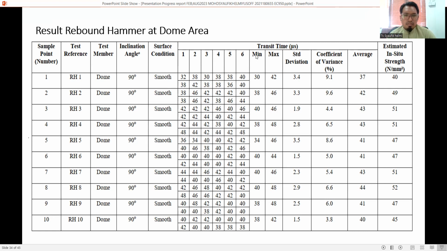After that we get the minimum and maximum values for this data. This shows the standard deviation from the previous calculation, the coefficient of variance, and the average. This is the dome area result from the rebound hammer at the dome.